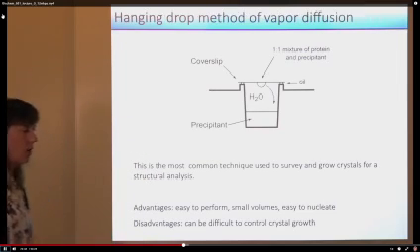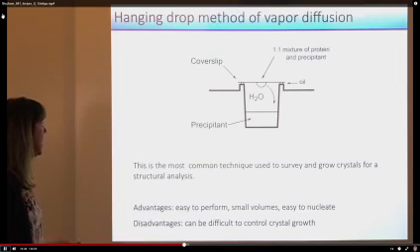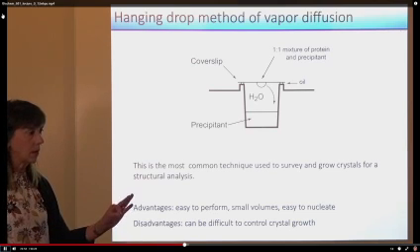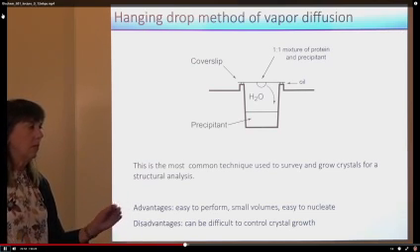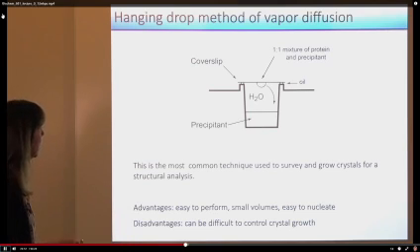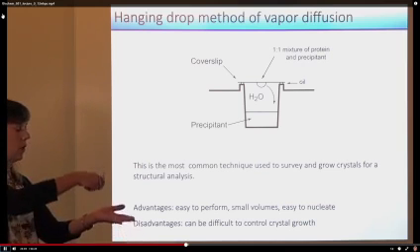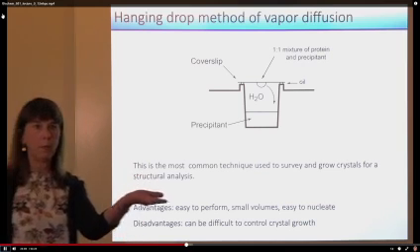So briefly, the hanging drop method of vapor diffusion. You have your precipitant here. You have a cover slip. You take an aliquot of your protein, maybe 1 microliter, and you put it on the cover slip, and you take 1 microliter from the precipitant down here and you mix them together so it's a 1-to-1 mixture.